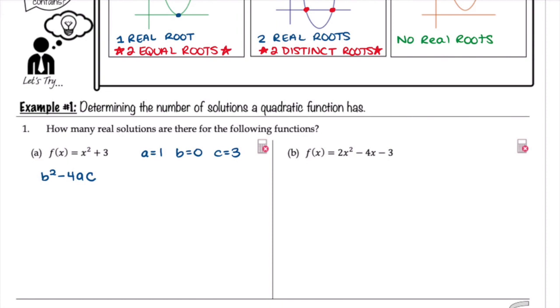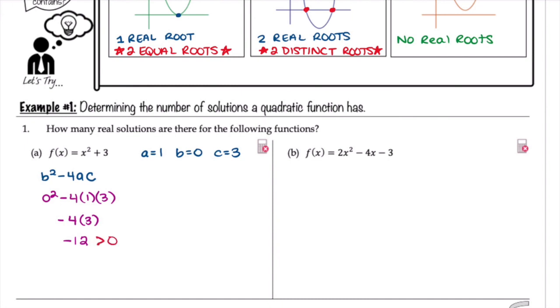So let's plug in our b, our a, and our c. So negative 12 is our discriminant piece. What I'm going to determine is, is this equal to 0? Obviously not, which means that we don't have one real root. Is this greater than 0?